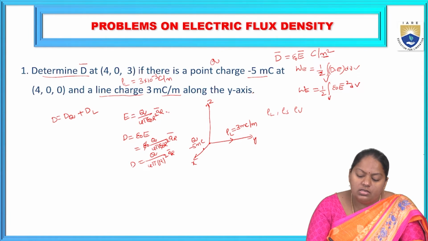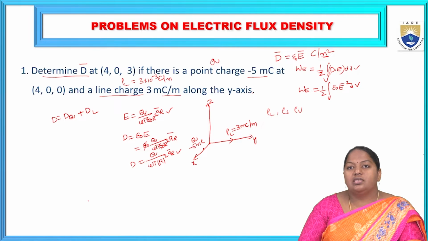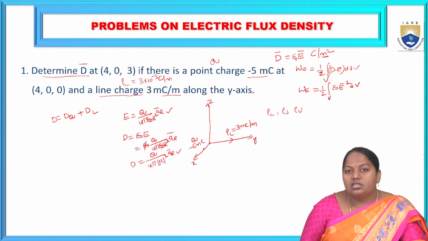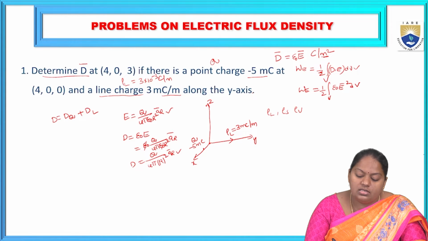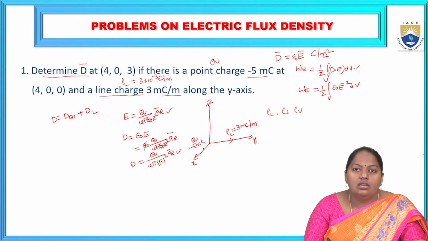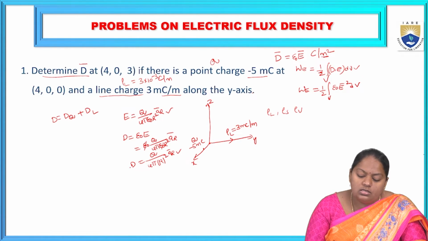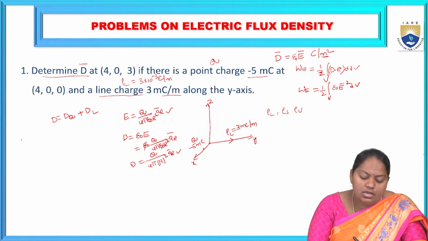Comparing the two, electric field intensity is dependent on the medium, whereas electric flux density D is independent of the medium. So this is the formula to find DQ: DQ equals Q by 4 pi r square into AR.